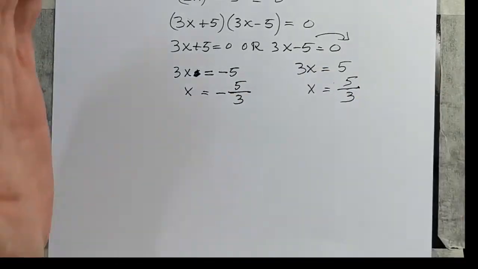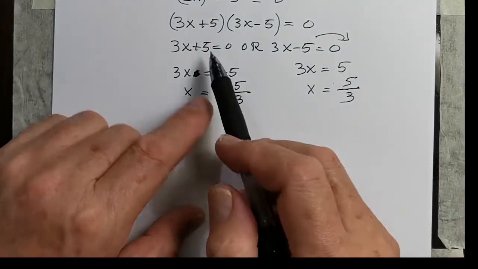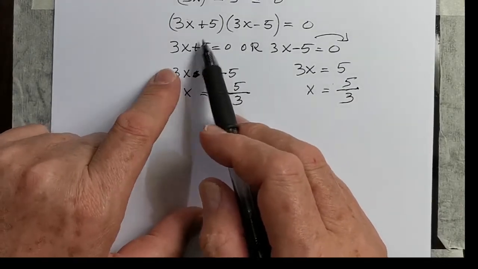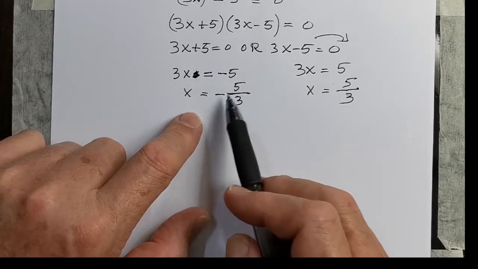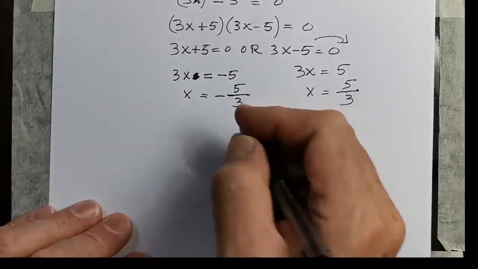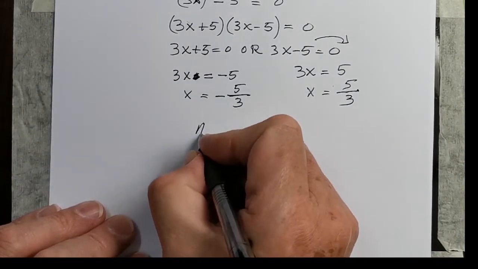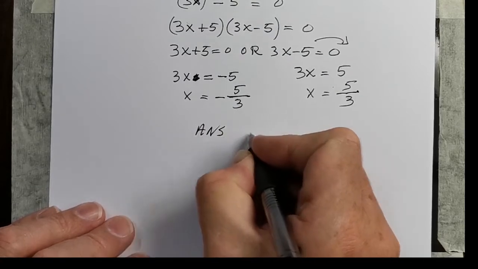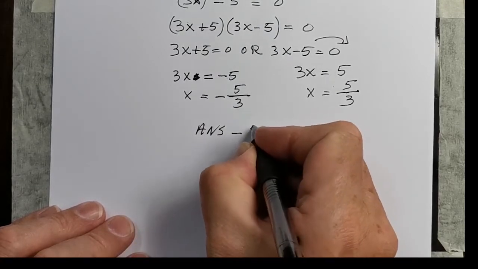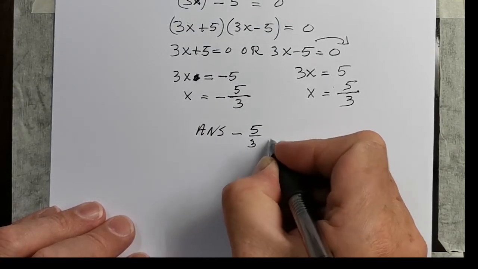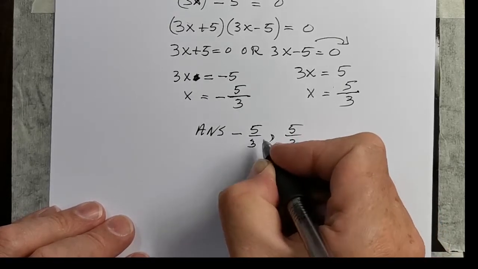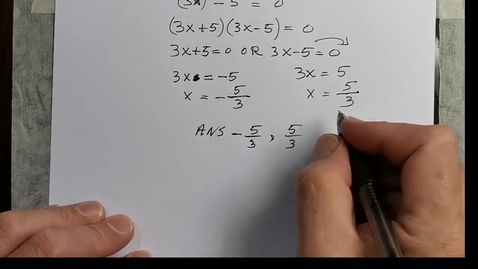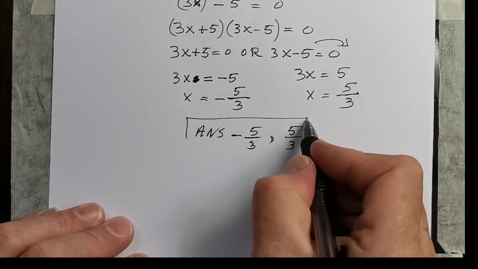Same but opposite sign. So again, this term equal to 0, bring your 5 across, it's negative 5. Negative 5 divided by 3 is negative 5/3. So here are our two answers: negative 5/3 or 5/3. These are the two possibilities for this one.